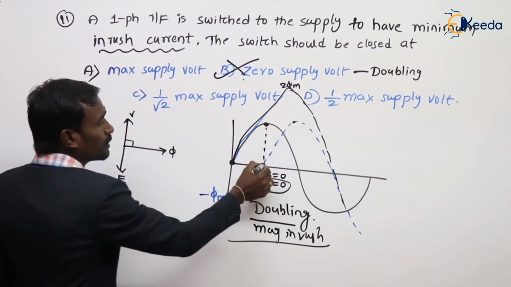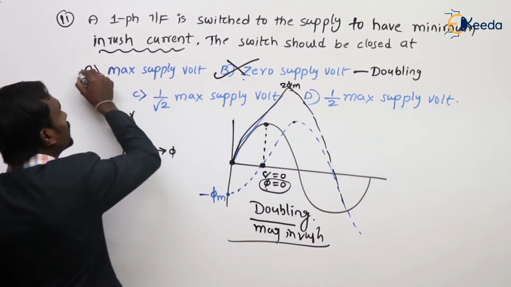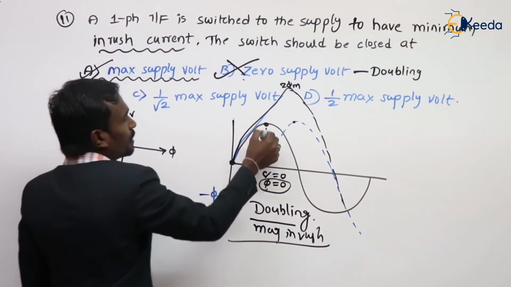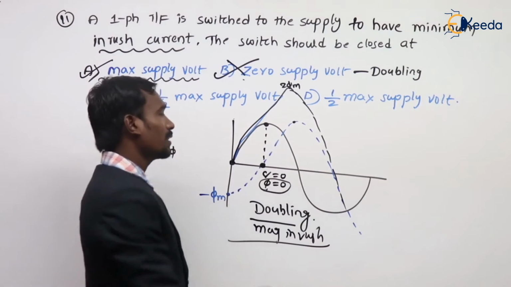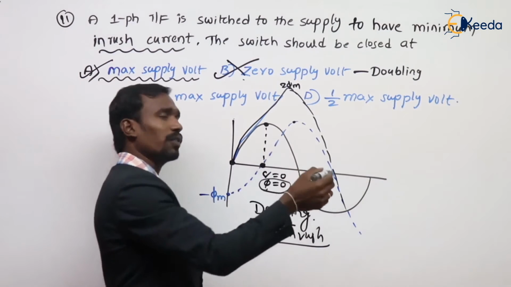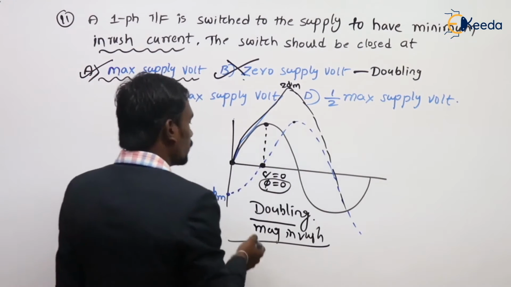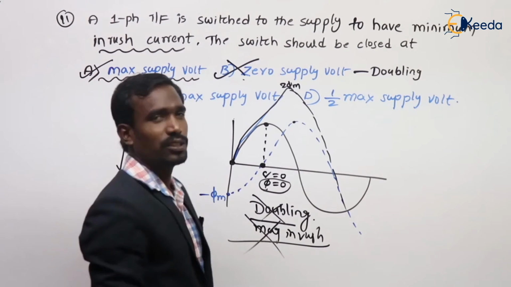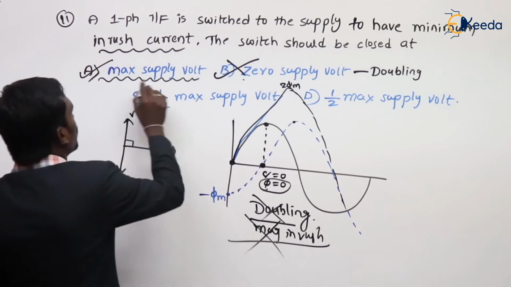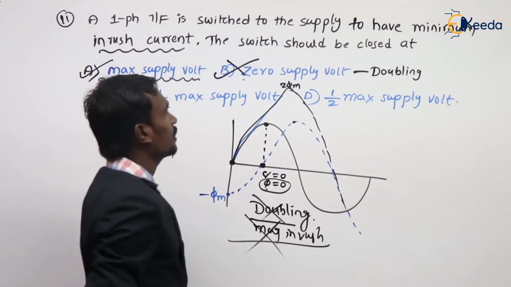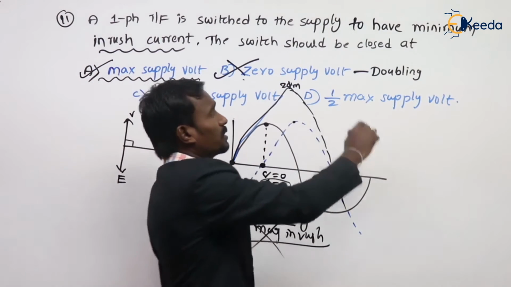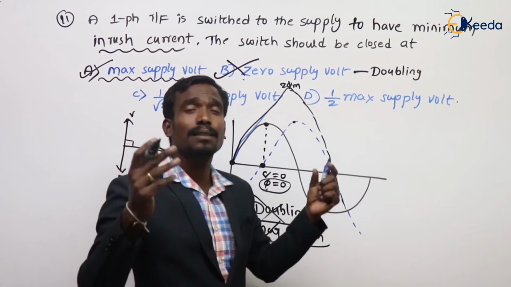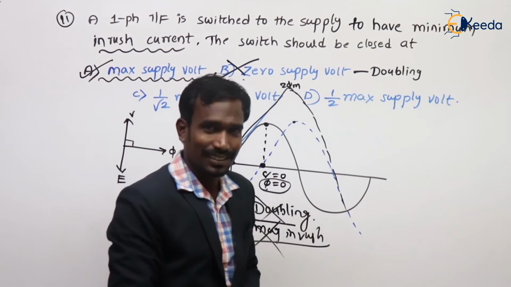I have to close the switch at maximum voltage condition. Then desirable flux and actual flux are 0, so there is no doubling effect, and there is minimum magnetic inrush current. So our answer is maximum supply voltage. Don't close the switch at 0 voltage because it leads to doubling effect and maximum magnetic inrush currents.